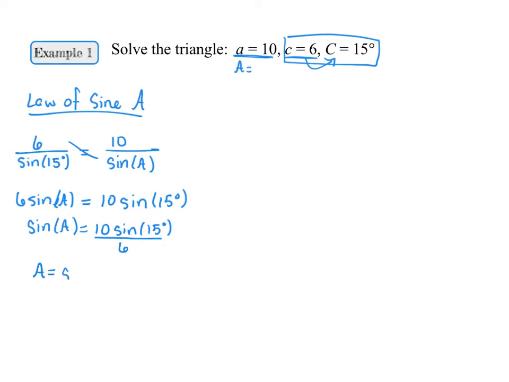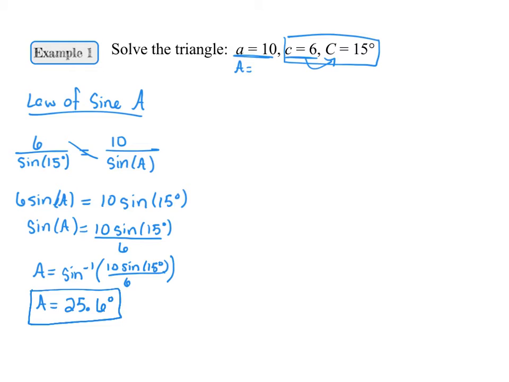You have to use the sine inverse of this entire expression, 10 times sine of 15 degrees over 6. And I'm going to type this into my calculator. And the measurement that I get is 25.5, but I'll round to a tenth of a degree, so 25.6 degrees. So this is one option for angle A.